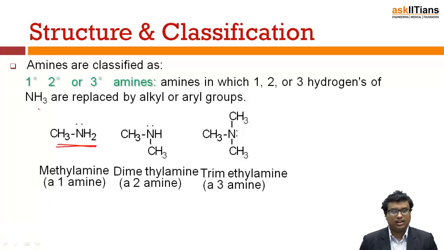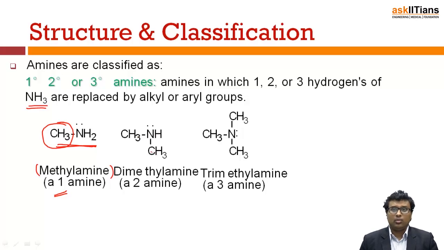If I consider NH3, how many hydrogens are replaced? The number of hydrogens replaced is 1, and I am replacing that 1 hydrogen with CH3. So this is a 1 degree amine and its name is methylamine.